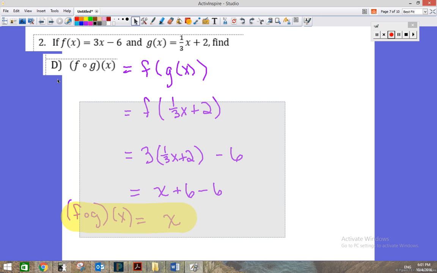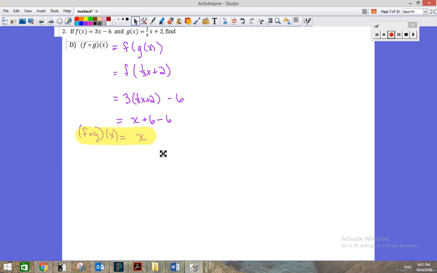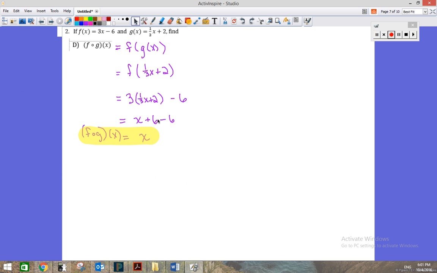Two things have to be true every time we find the domain of a composition. Our input, x, has to be in the domain of the first function. We're inputting a number into this first function, and in this case it's g. So I have to make sure that x belongs to the domain, is a member of the set that's the domain of g.